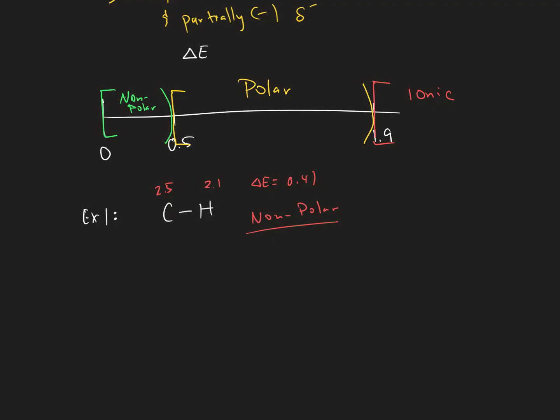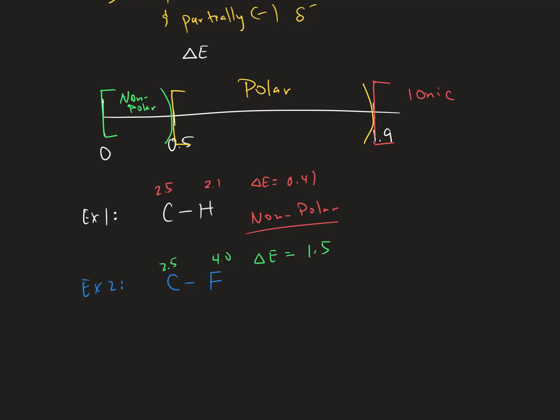Okay, let's do another example. Any questions on that one? We have a carbon-fluorine bond, for example. Carbon, again, is 2.5. What's fluorine? 4.0. What's the difference in electronegativity? 1.5.